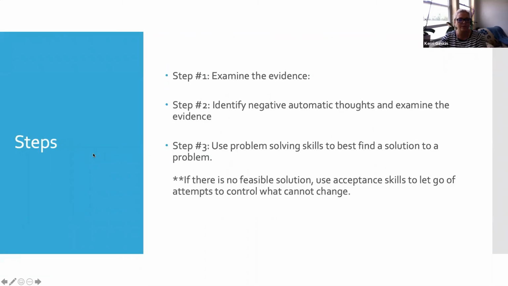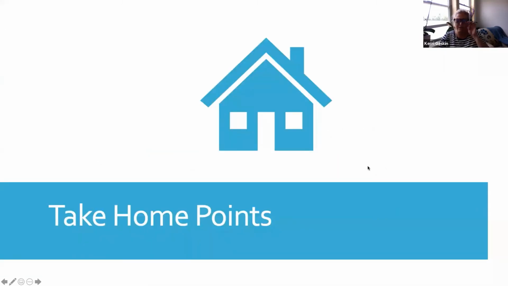Give me a moment. So if we want to just look at our take-home points from cognitive skills for daily worry and generalized anxiety disorder, we want to remember that GAD, generalized anxiety disorder, is really uncontrollable worry about multiple areas of your life.